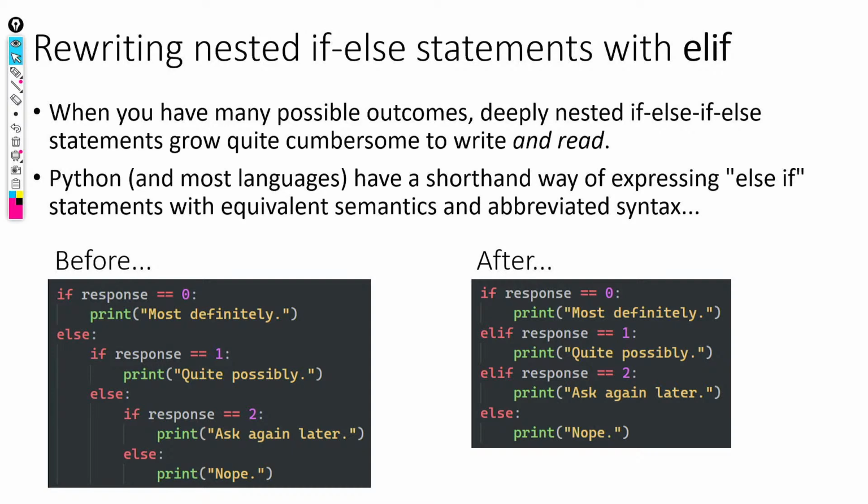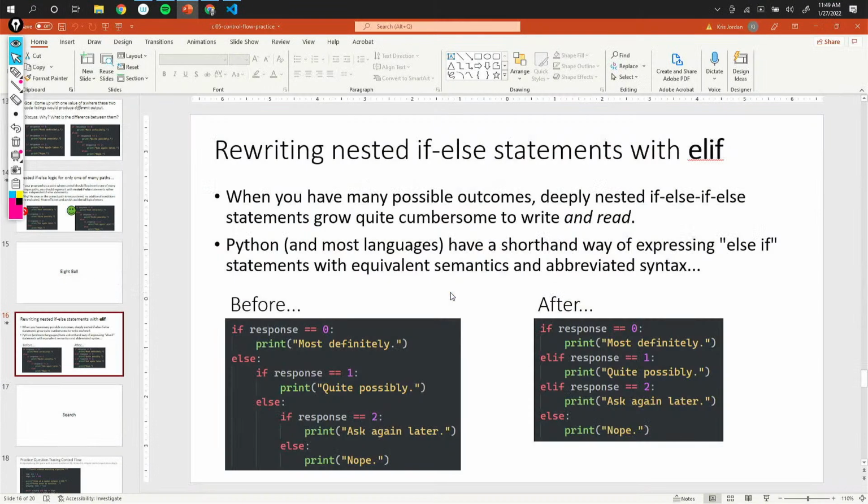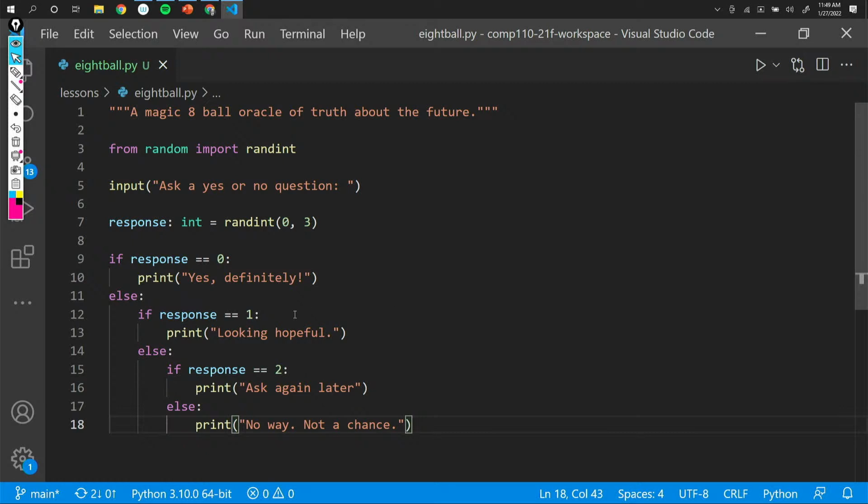And it can clean up our code pretty nicely, especially if you imagine, like I said, 16 options where this would have been very deeply nested. It'd be much nicer to work with elifs. And we'll be seeing elifs through the rest of the semester, so let's go ahead and try working out our program such that it uses that in step.